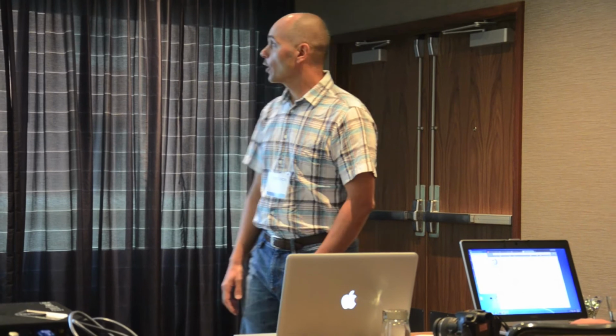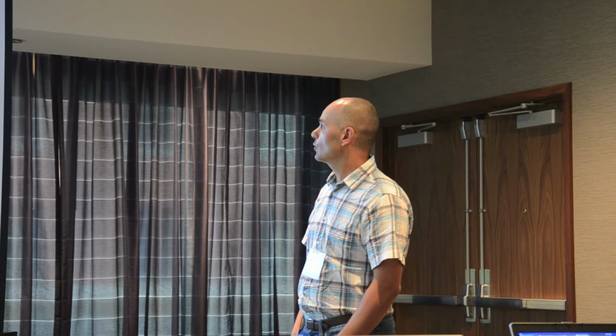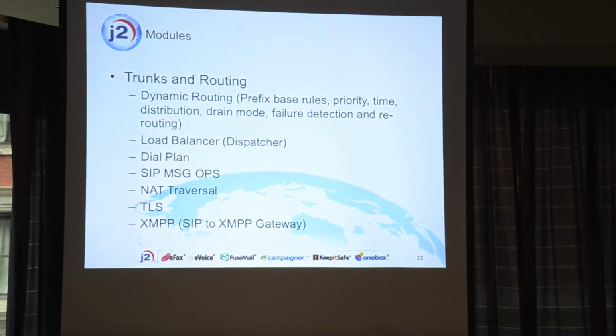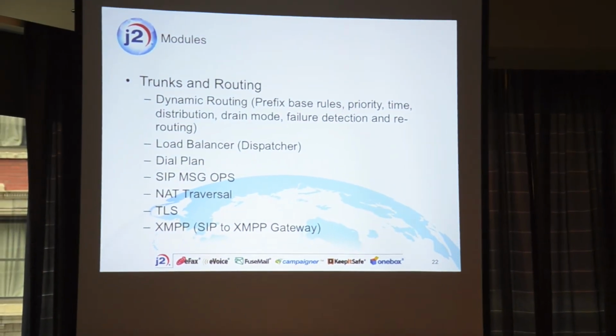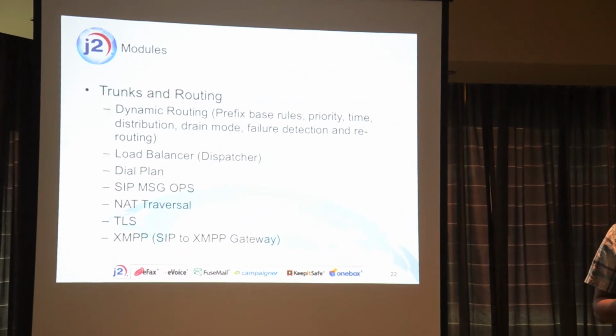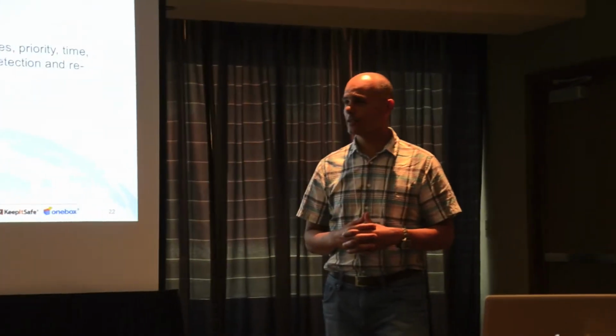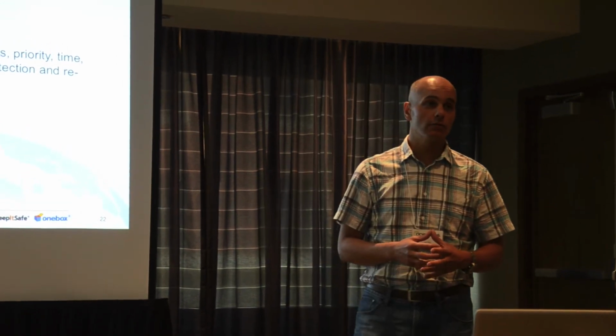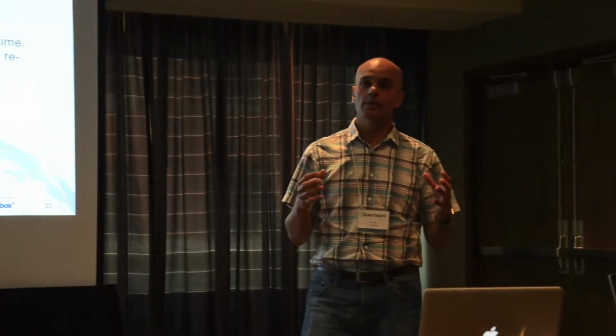So again, for trunks and routing modules, one of the really good modules is dynamic routing, which is a perfect prefix routing module. You can have rules, priorities, time distribution, drain mode, failure detection, rerouting. So there is one module in OpenSIPS called dynamic routing. It really gives you a lot of flexibility for your routing.